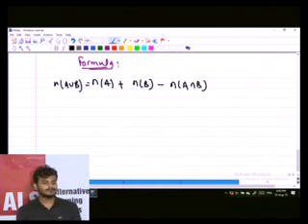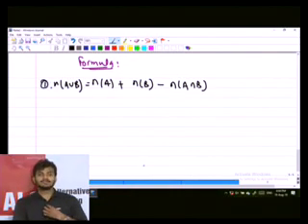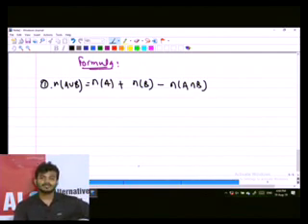First formula we have: number of elements in set A union B equals number of elements of A plus number of elements of B minus the number of elements in A intersection B. Now, how is that? I mean, why is this formula true, bachcho?